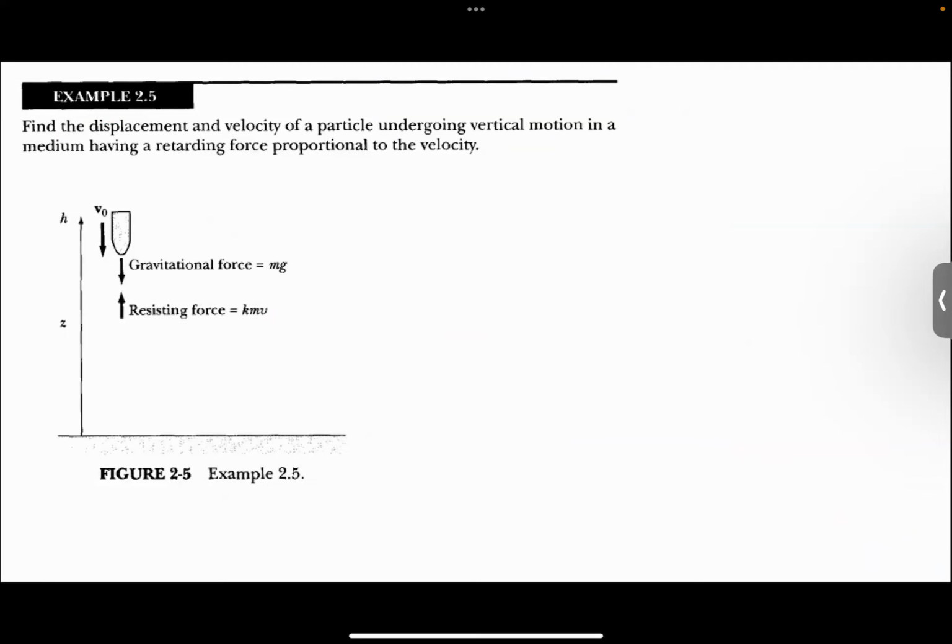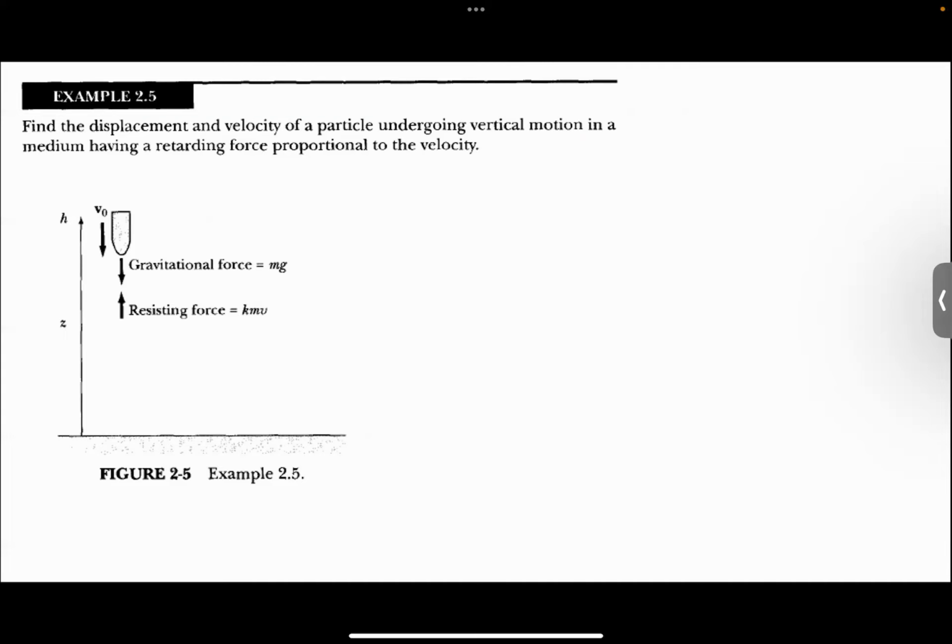Anong dinagdag natin dito? Ang dinagdag natin dito ay gravitational force. So ngayon, yung projectile ay nagmo-move along the vertical axis. Okay, and dahil nagmo-move siya along the vertical axis, it experiences the gravitational force, the resistive force is collinear with the gravitational force.